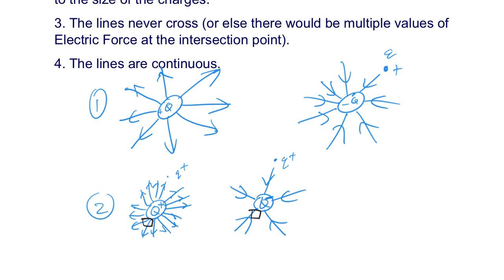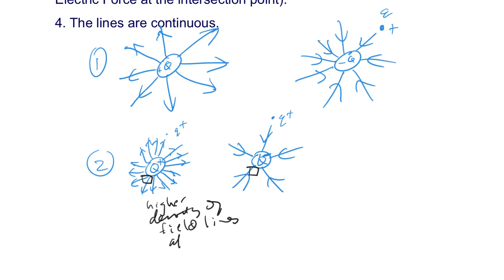The box on the left has more lines in it than the box on the right. So this would be a higher density of field lines at a given R from the field charge.